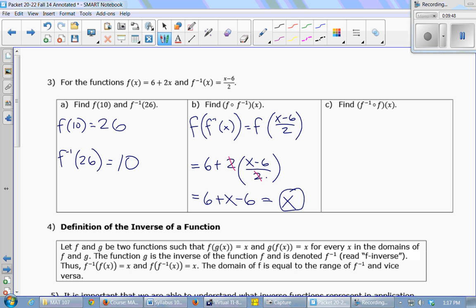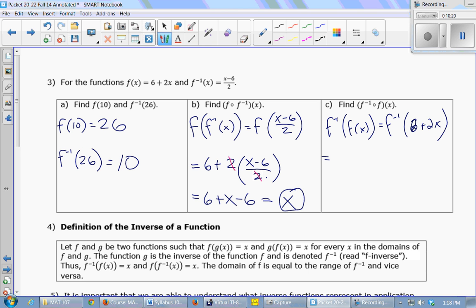And we could do the other order also. If I wanted to do f inverse of f of x, replace f of x with its formula. So this is f inverse of 6 plus 2x. That means take your 6 plus 2x and plug it into your f inverse formula. So that's what we're trying to discover, that when you compose f and f inverse, you always get x.